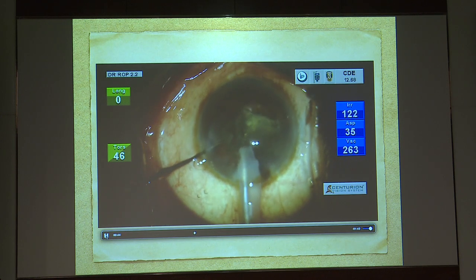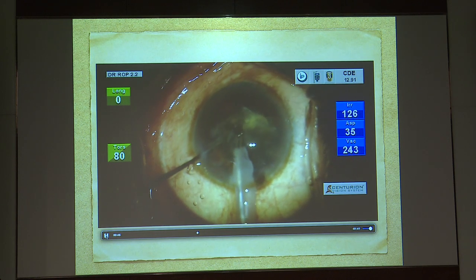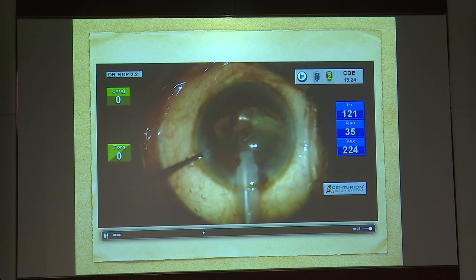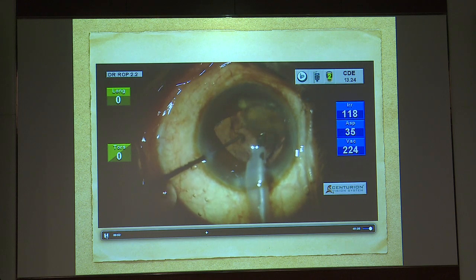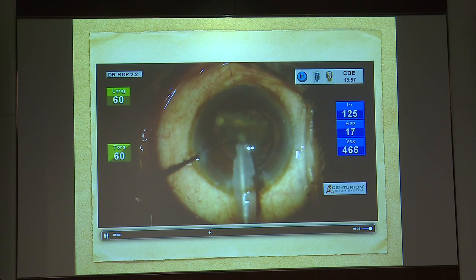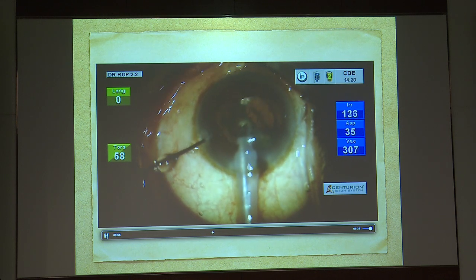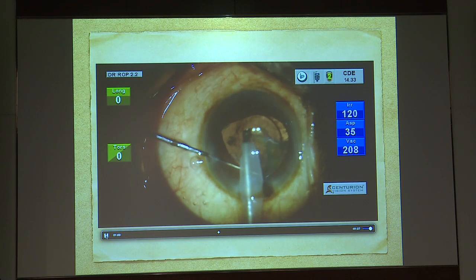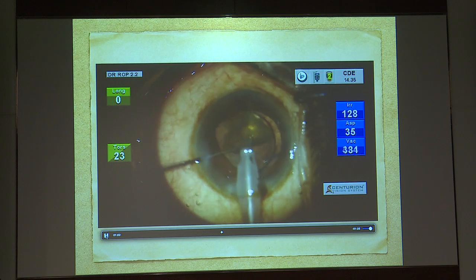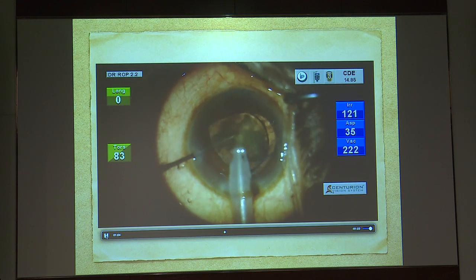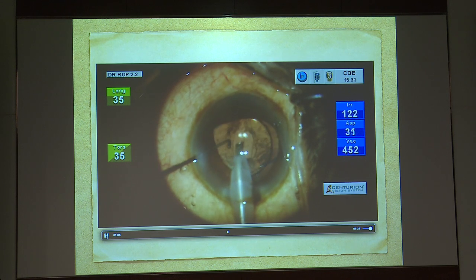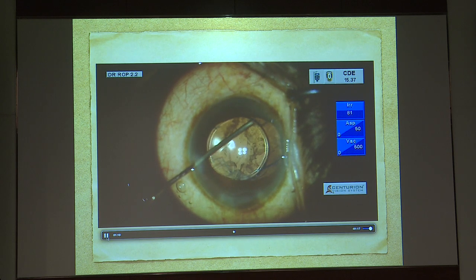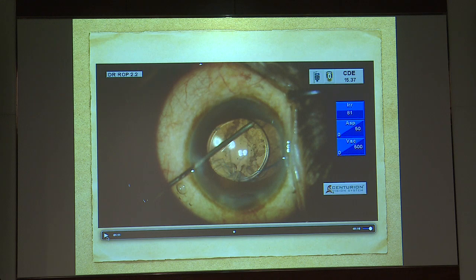Now that the 3-piece lens or the scaffold is there in place, it is a very safe time now, so that we can do the emulsification of the nucleus, and this can be done at a slightly deeper plane also, protecting the endothelium. And using a low bottle height phaco, lower parameters, we can see that the chamber is stable and the phacoemulsification of the heminucleus was done.